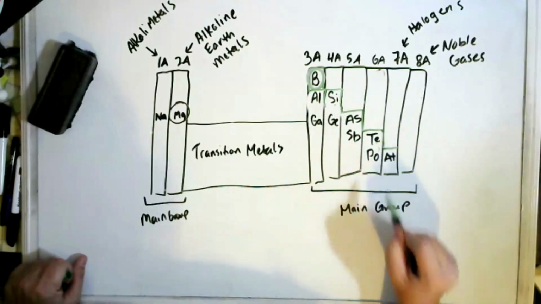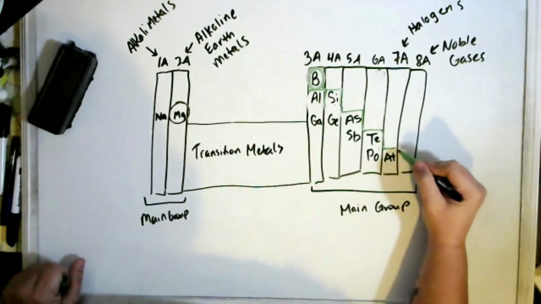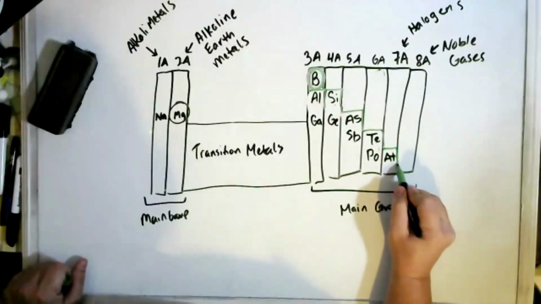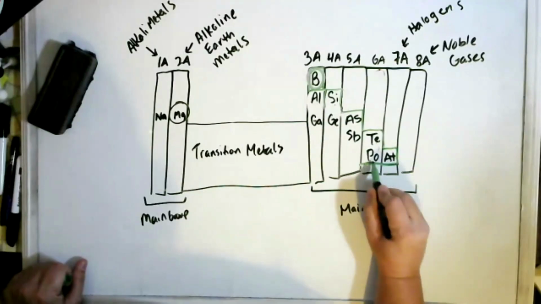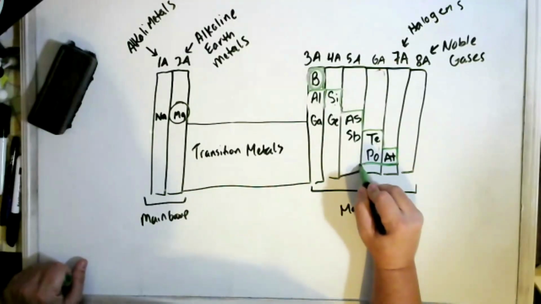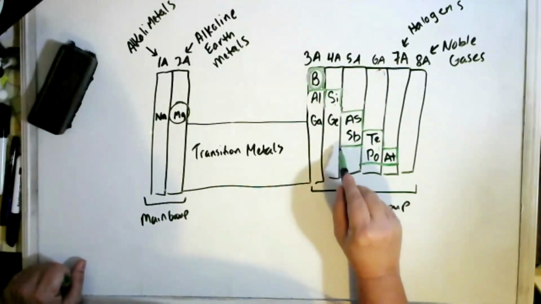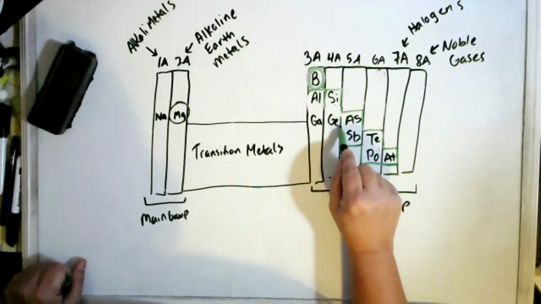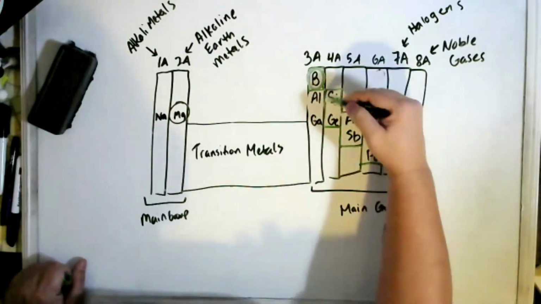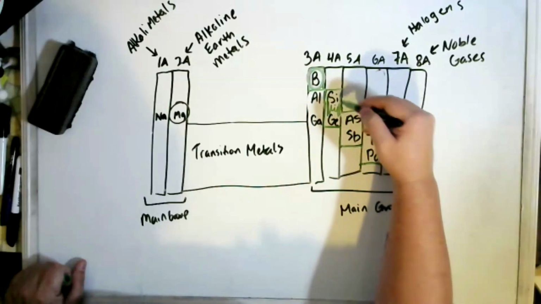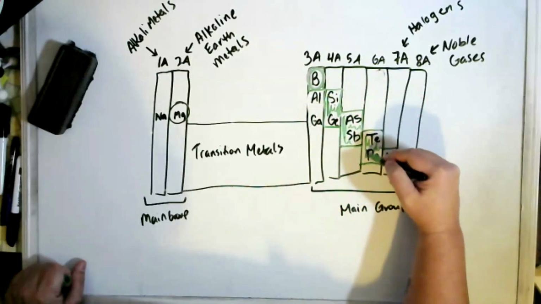And for this textbook, it's going to include astatine too. Okay, and so now you're going to come back here and include your astatine and polonium. And then you're finishing off your staircase now. You're including your antimony, including your germanium. So now everything here that's shaded in green, all of these things, these are all your metalloids.